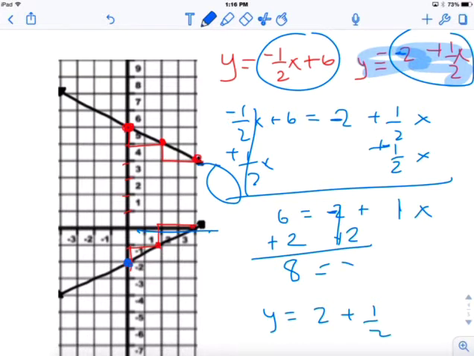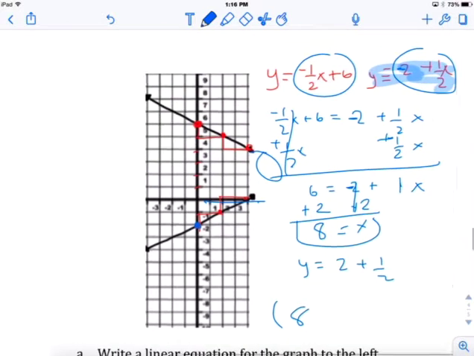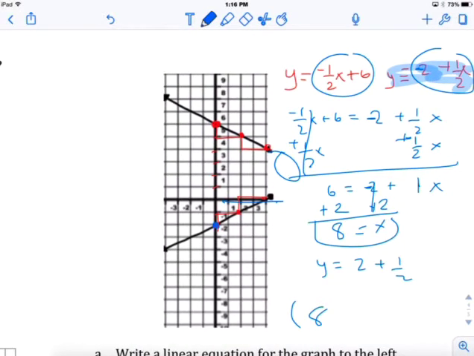Okay, so x is 8. X is 8, so it meets at 8. So instead of 4, it's 8. Sorry.